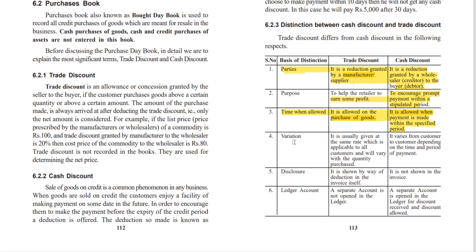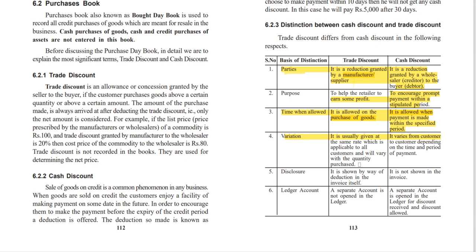Okay, next, variations. Trade discount is usually given at the same rate, applicable to all customers, and will vary with the quantity purchased. Whether I am buying the shirt or my friend or somebody else is buying the shirt, 10% trade discount will be given to everyone.